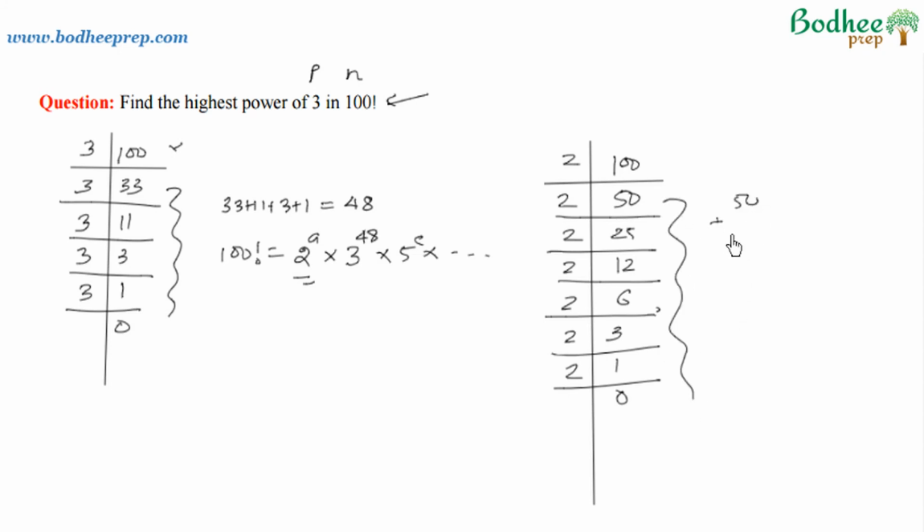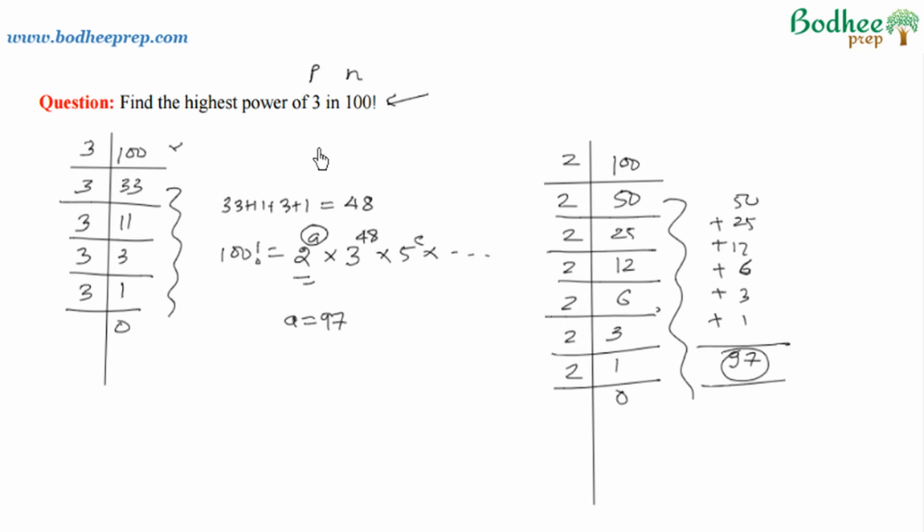So it will be 50 plus 25 plus 12 plus 6 plus 3 plus 1. If you add it, you will get 97. So here the value of A is 97. Similarly, we can do it for 5 and all other prime numbers less than 100. This is how this question is solved.